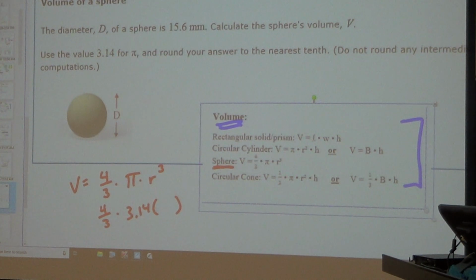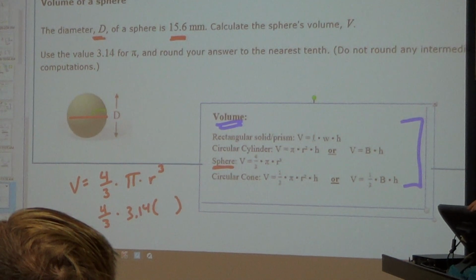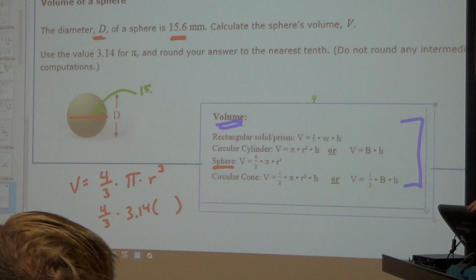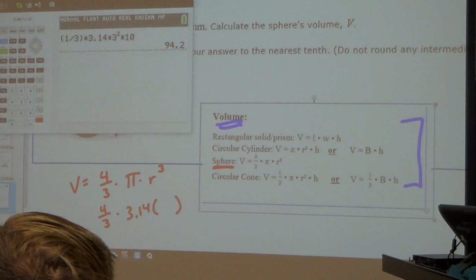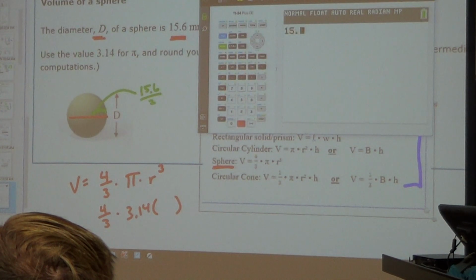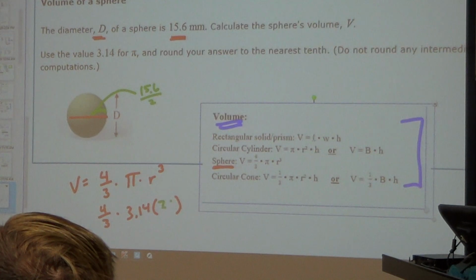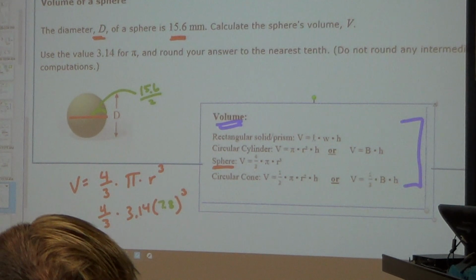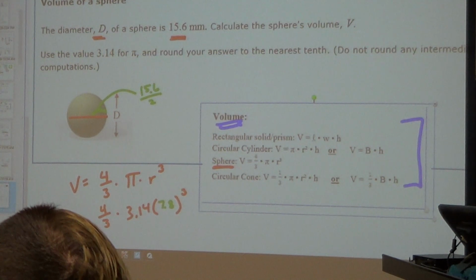That would be 15.6 divided by 2. Good. If this is the diameter, my radius is going to be 15.6 divided by 2. So if I go to my calculator, 15.6 divided by 2 is going to give me 7.8, and the formula says cubed, to the third.